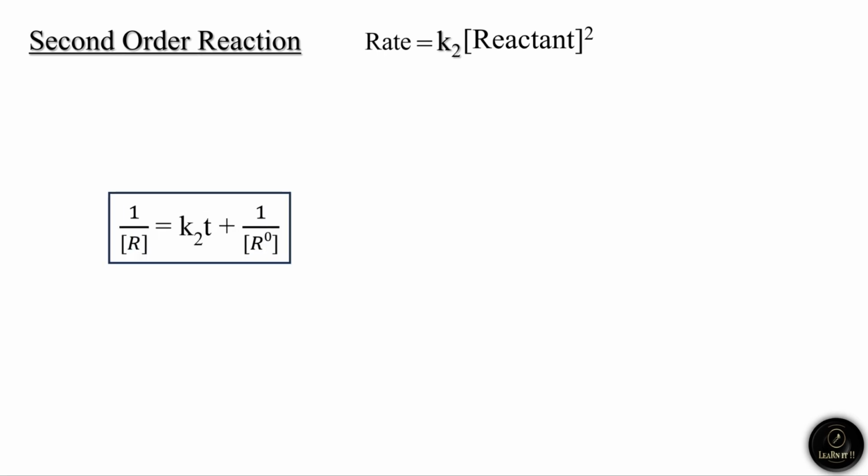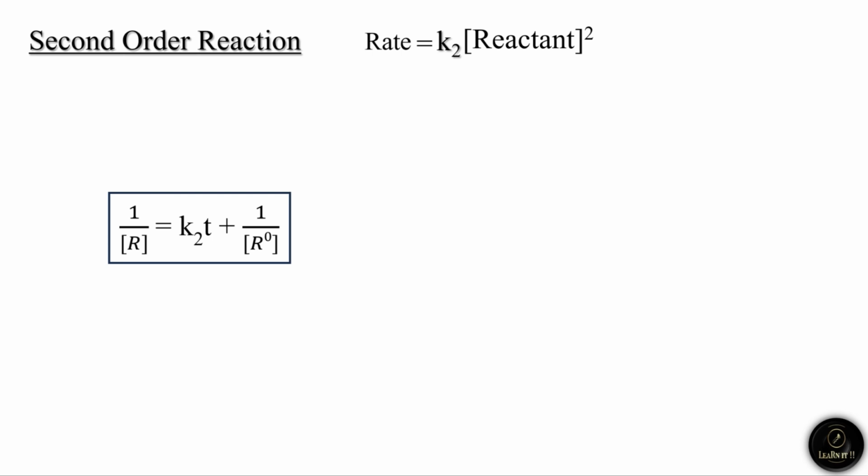Similarly, if we take the second order reaction, the rate is given by rate is equal to K2 into the concentration of reactant squared. Then the integrated rate equation for a second order reaction will be 1 by [R] is equal to K2 into T plus 1 by [R]naught, that is the initial concentration.